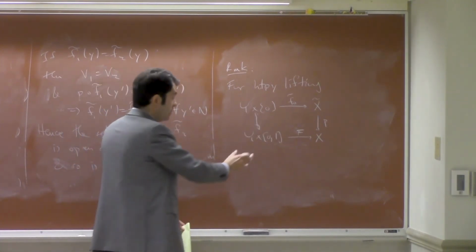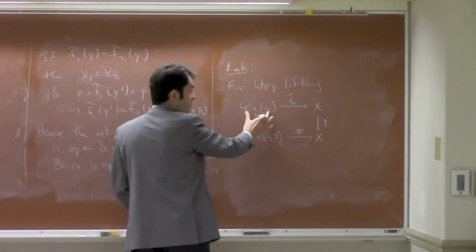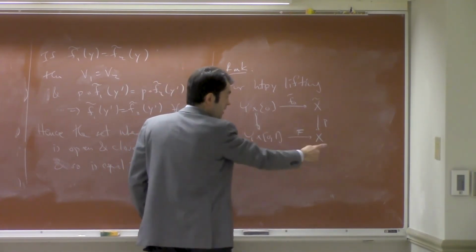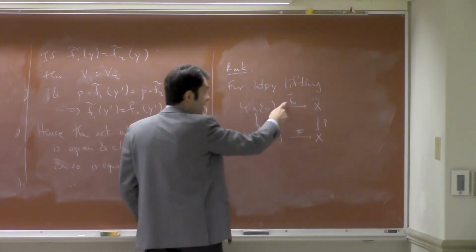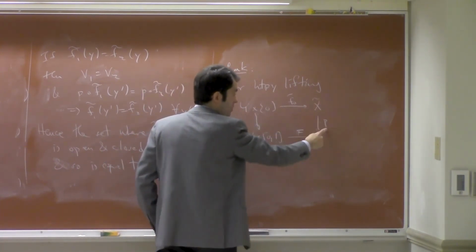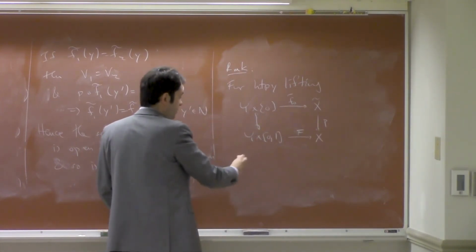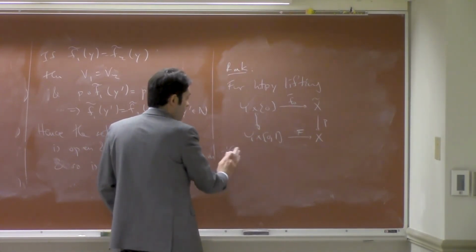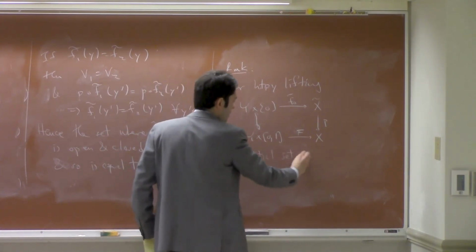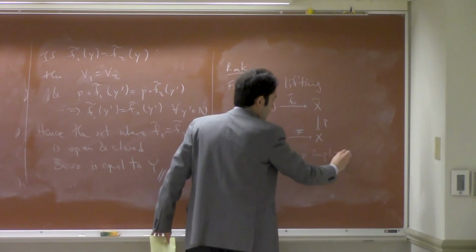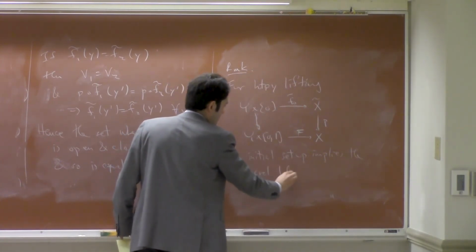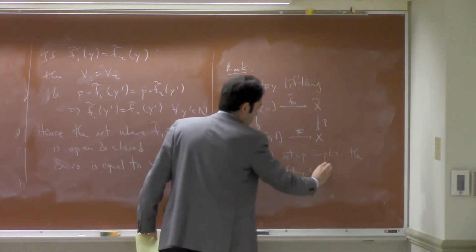So the fundamental group of this is going to be the same as the fundamental group of this, and the image over here is going to lie inside the image like this, and so in particular the image of P star. So for homotopy lifting, the initial setup implies the general lifting criterion.